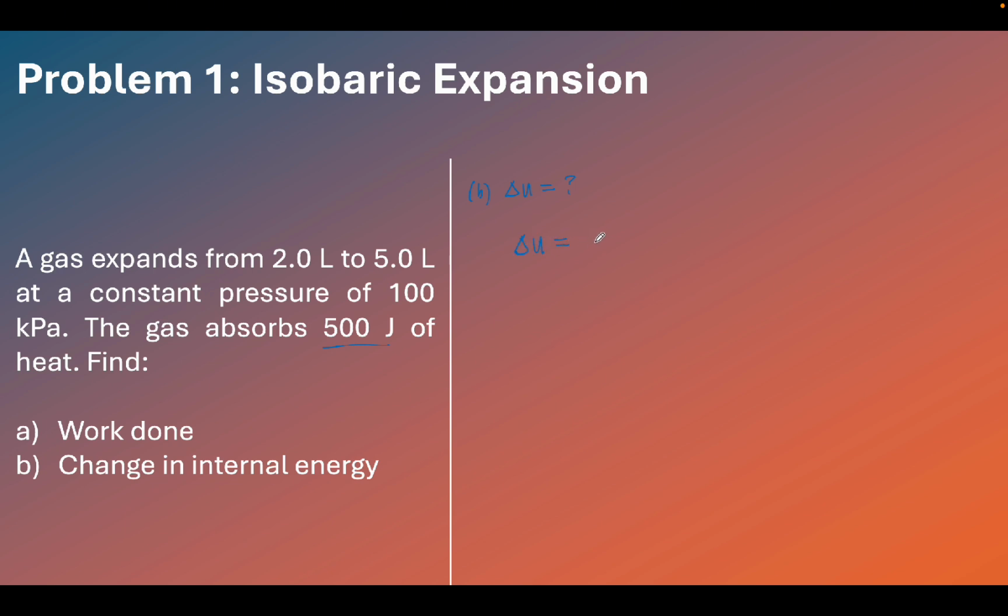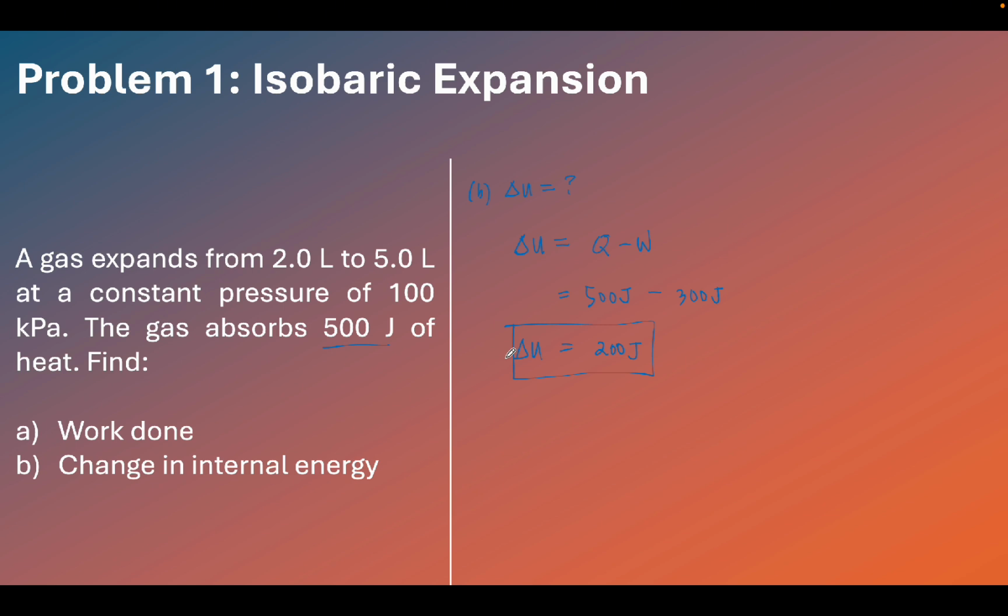So delta U is equal to Q minus W. So we have 500 joules minus 300 joules, which is just equal to 200 joules. Okay, so we are done solving problem number 1. I hope you understood how to solve the work done, and also the change in internal energy.